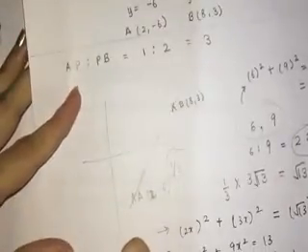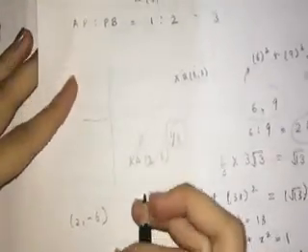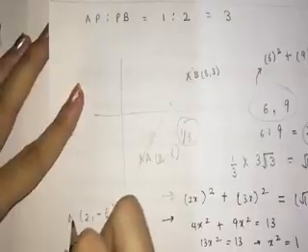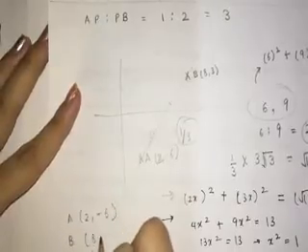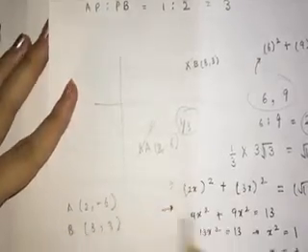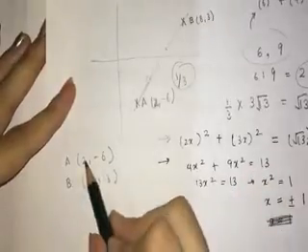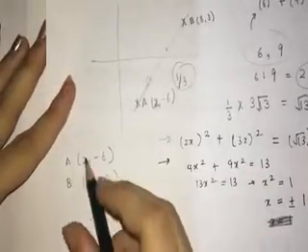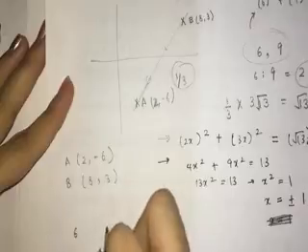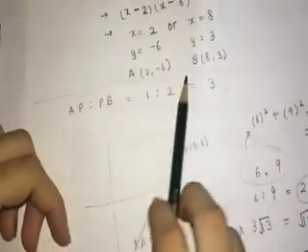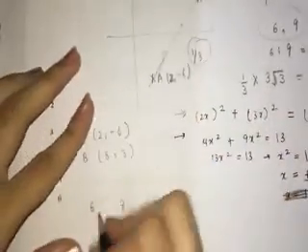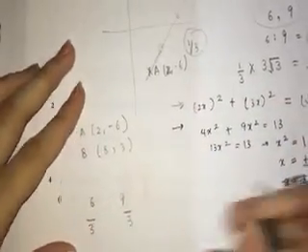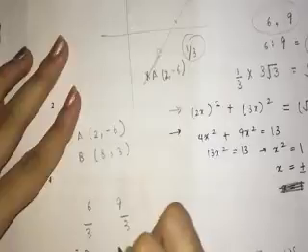So A is (2, minus 6), and B is (8, 3). So 8 minus 2 gives us 6, and this is 9. And as we know, it's 1:2, which equals 3 parts. We can just divide both of them by 3, which gives us 2, and this gives us 3.